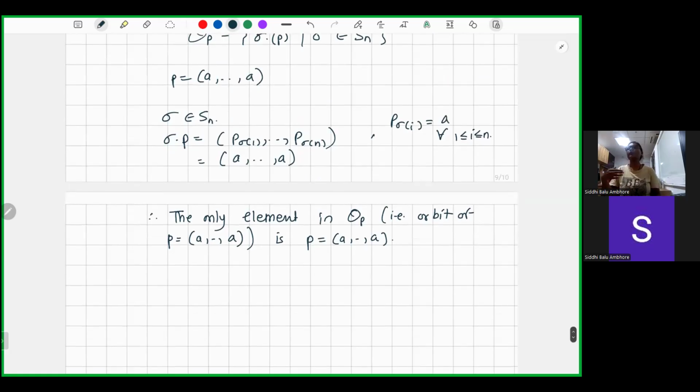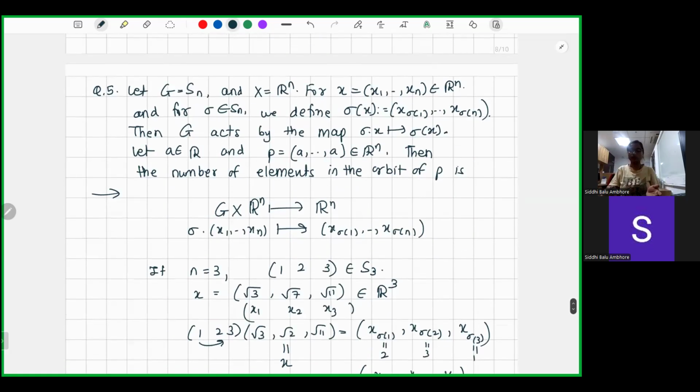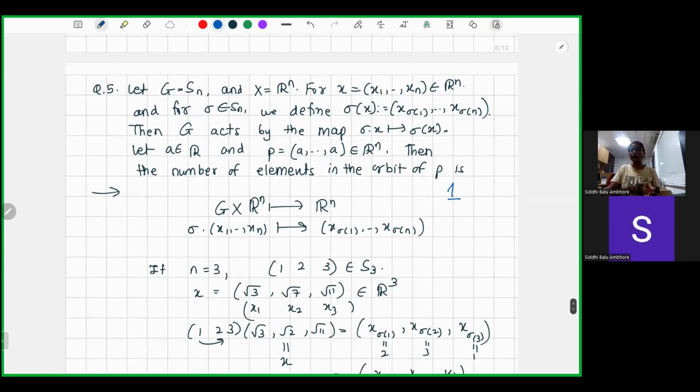So the number of elements in this orbit is just 1. The answer is 1 here. The only element belonging to that orbit is P. Any doubts here?